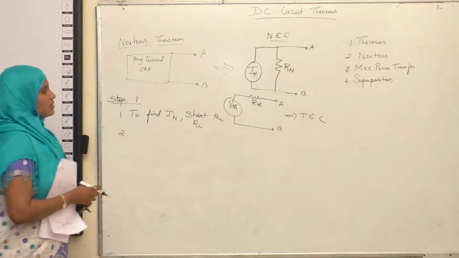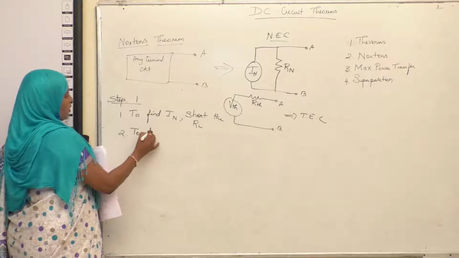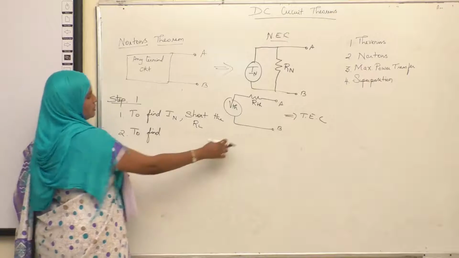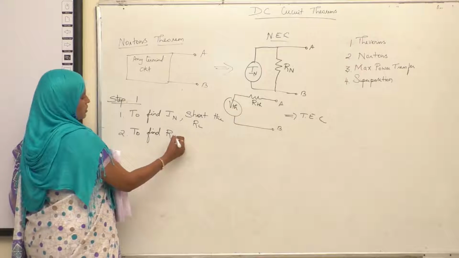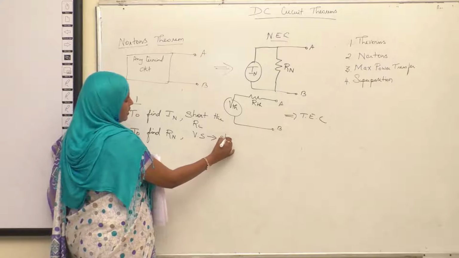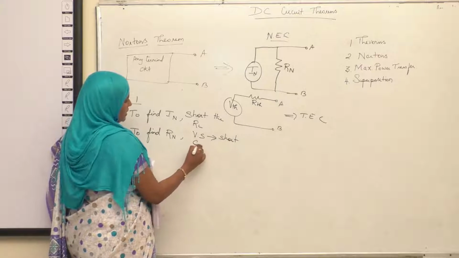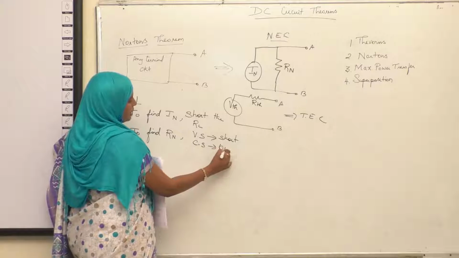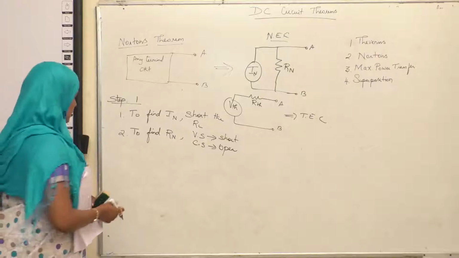The second step is to find Norton's resistance. Norton's resistance and Thevenin's resistance are both the same. Just kill the sources. That means if it is a voltage source, make it short. If it is a current source, make it open. That's all, and find the equivalent resistance.